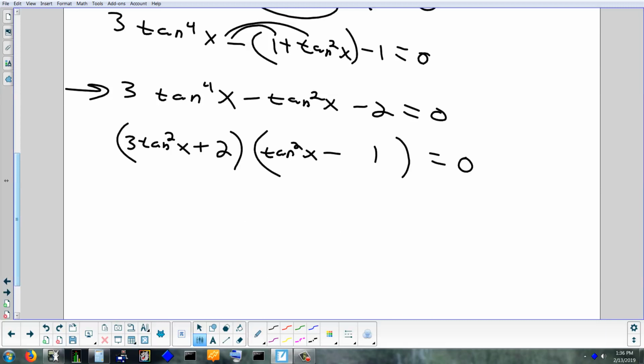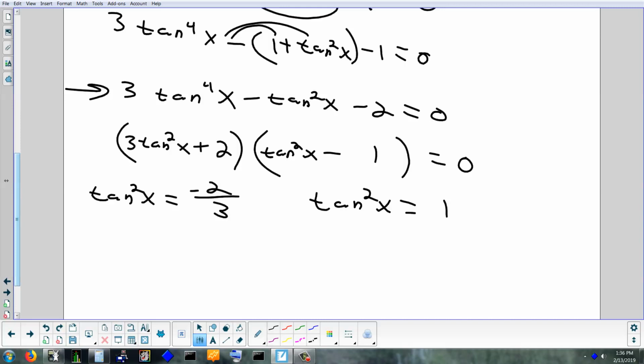Okay. Now set each factor equal to 0. Minus the 2, divide by the 3. You can write that out in multiple steps, but that's all you really need to show. That's all I'm going to look for on the test. How about this one? Tangent squared x would equal 1... Now, I have tangent squared.